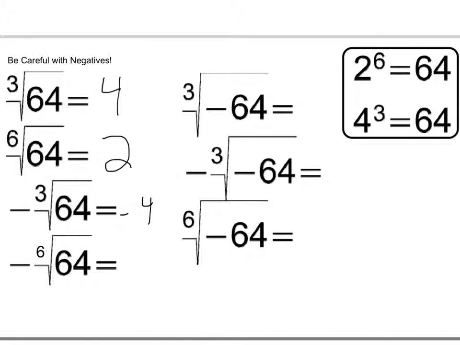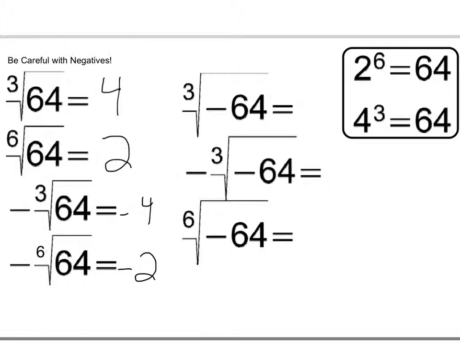Same thing applies for the second one. Negative the sixth root of 64, I've already shown that the sixth root of 64 is 2, and then I just make my answer negative. Those 4 don't pose any type of an interesting problem for us.